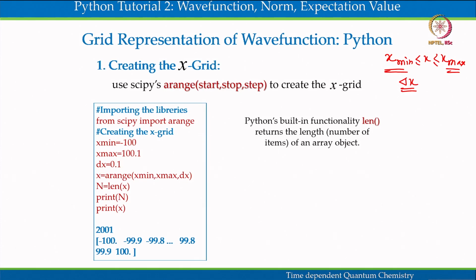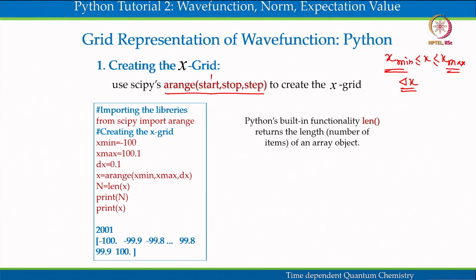We have already seen in the first Python tutorial the arange functionality, with start, stop, step, from the SciPy module we are using. It can return a list of evenly spaced discrete values of x within the given range.